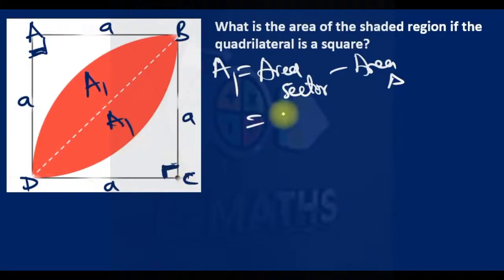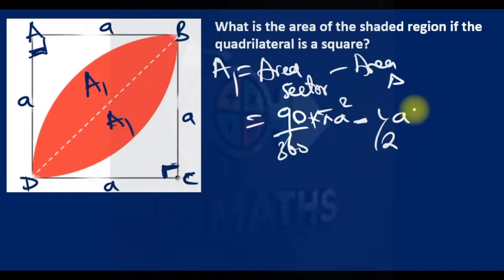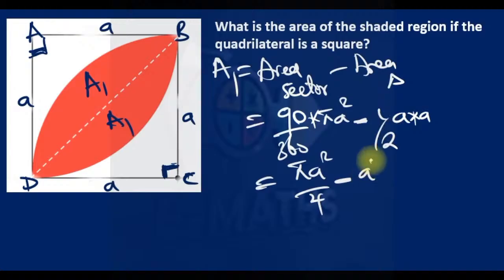The area of a sector is 90 over 360 times pi A squared, minus, and this is a right angle triangle, so half base times height, that is half A times A. So this is equal to pi A squared over 4 minus A squared over 2.